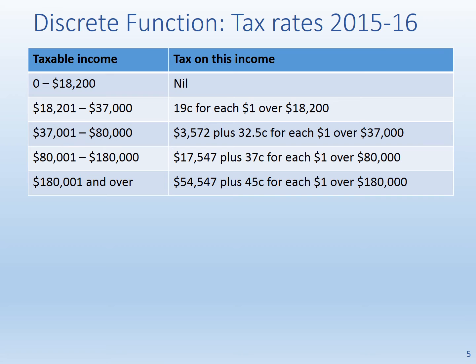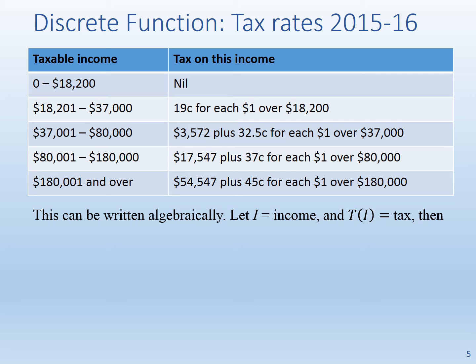Then you jump into the next tax scale where you're paying a higher rate, and there is also an amount that you're paying to start off with, which represents the 19 cents per dollar that you pay up to $37,000. And so on and so forth into the next bracket where you're paying an amount that represents all the tax you'd be paying up to the $80,000. And then 37 cents for each dollar over the $80,000 and right through to the highest tax rate there.